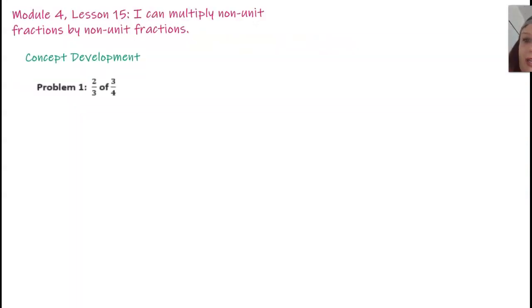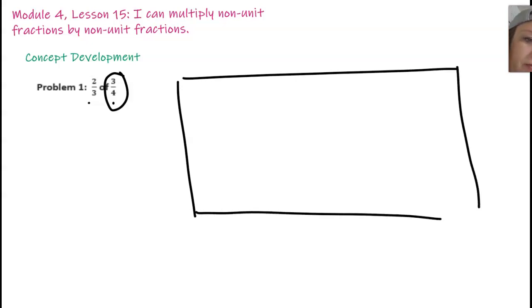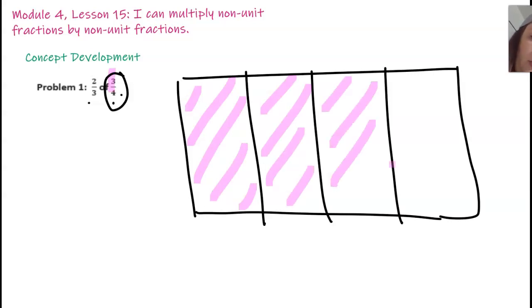So now when I come back and I show you how to do this using the rectangular fraction model, the way we can figure out what is 2/3 of 3/4, we're going to start with of 3/4 because when you're doing something to something else, that means 3/4 is where we start. So I'm going to draw a rectangular fraction model and I'm going to break it up into 4/4. Okay, and then I'm going to shade 3 of those 4s. 1, 2, 3.